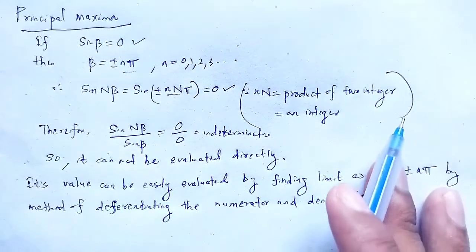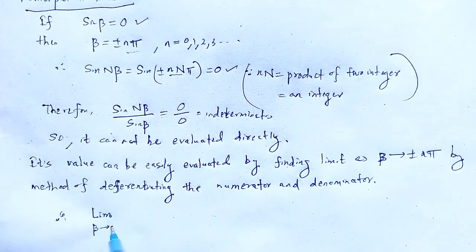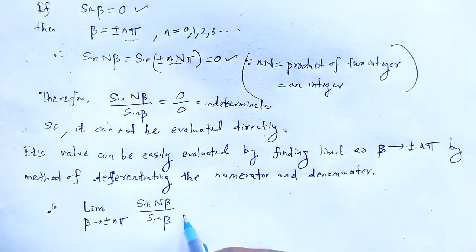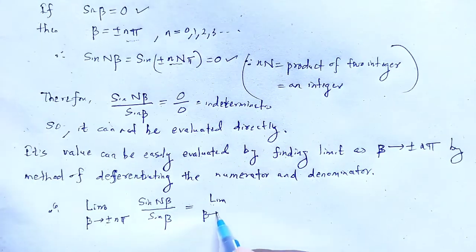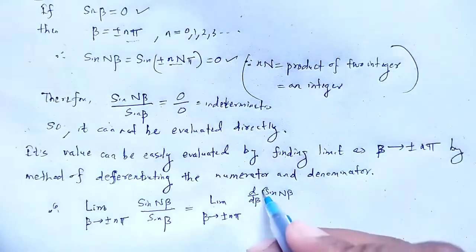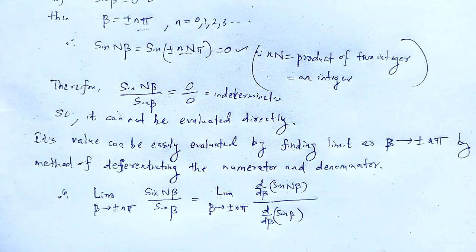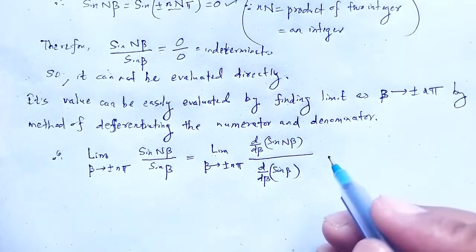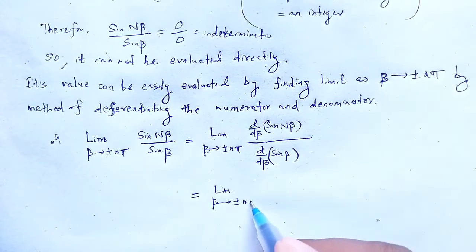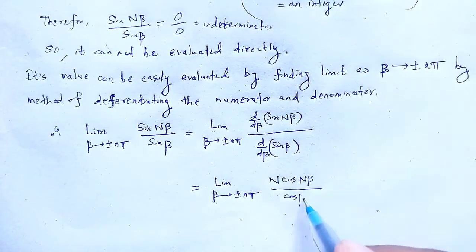How do we evaluate that term? That term can be evaluated by taking the limit as beta tends to plus minus n pi of sin n beta divided by sin beta, which is equal to the limit as beta tends to plus minus n pi of d by d beta of sin n beta divided by d by d beta of sin beta, which is equal to the limit of n cos n beta divided by cos beta.